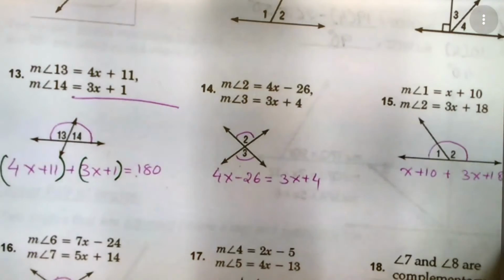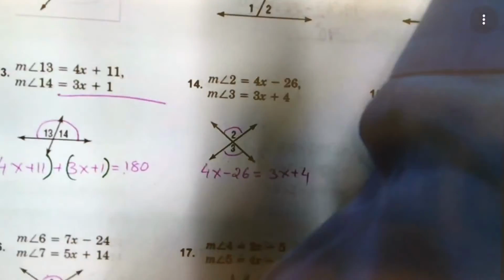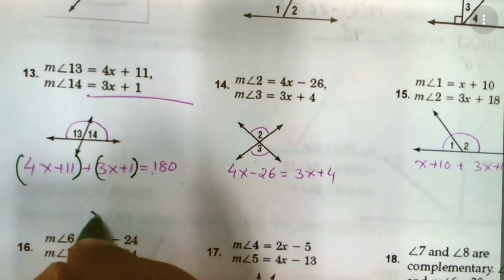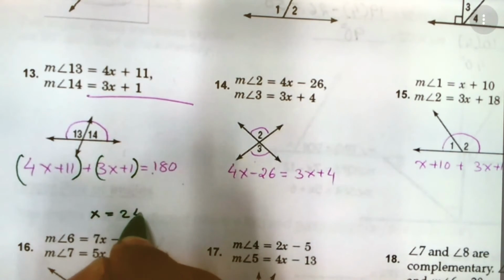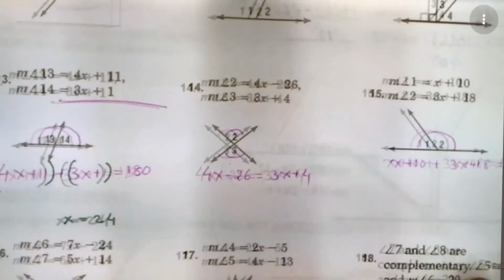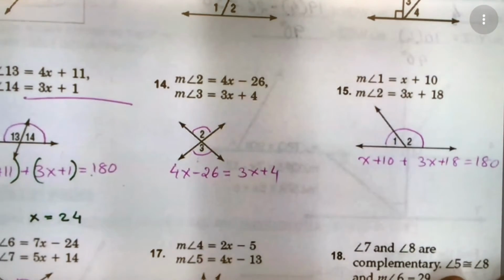Solve for x, combine the like terms, and you should get x is equal to 24.